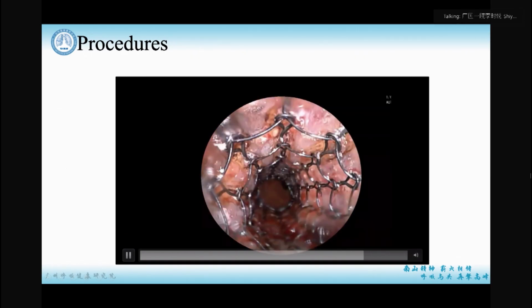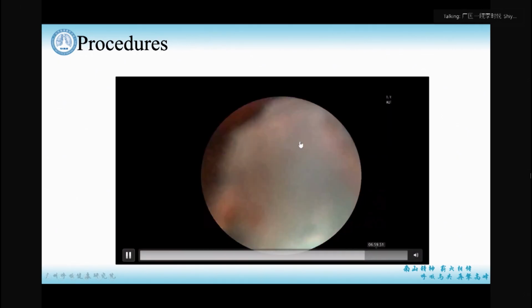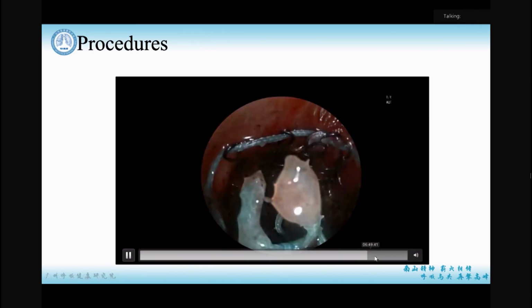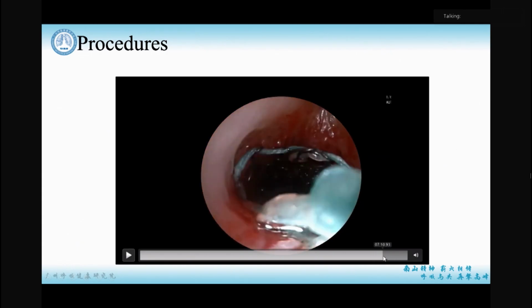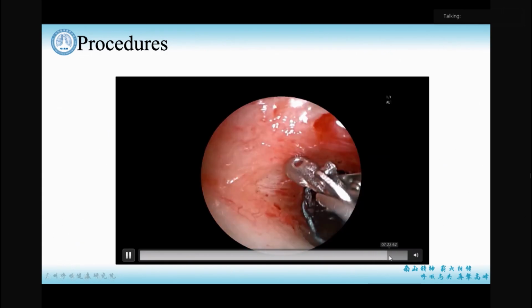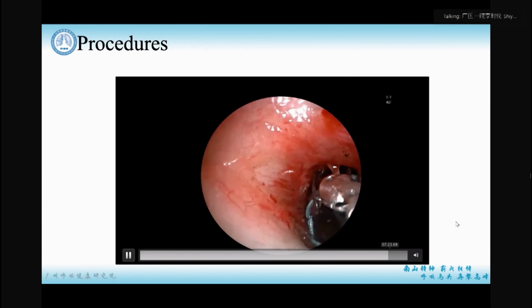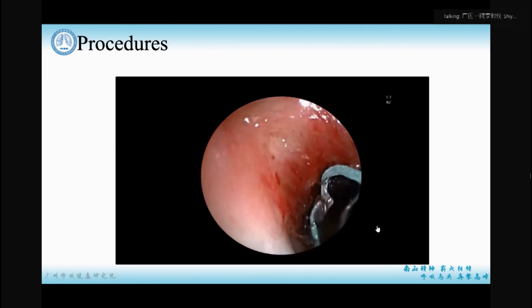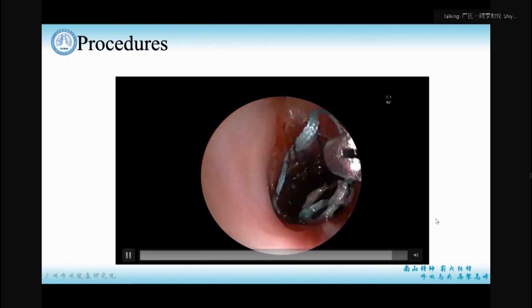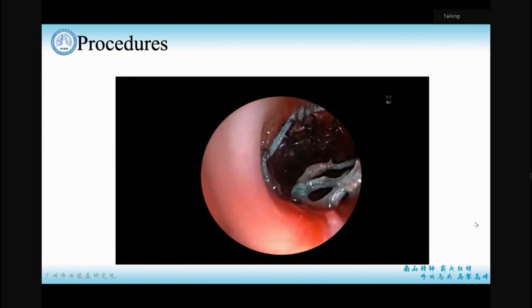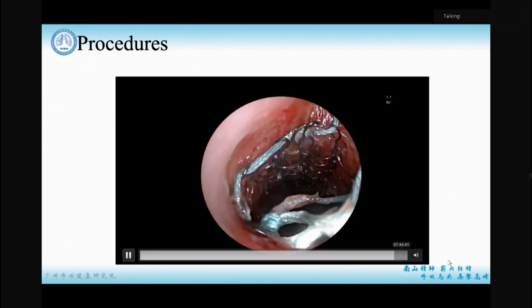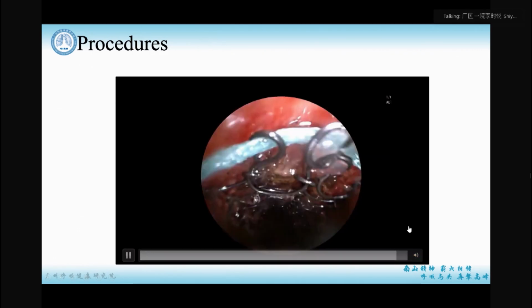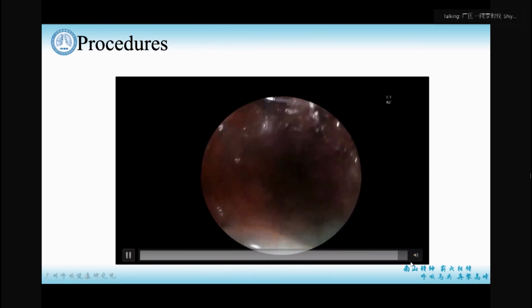We can see the stenosis was relieved. So here's the case with the contact laser, combined with the balloon and metal stent.